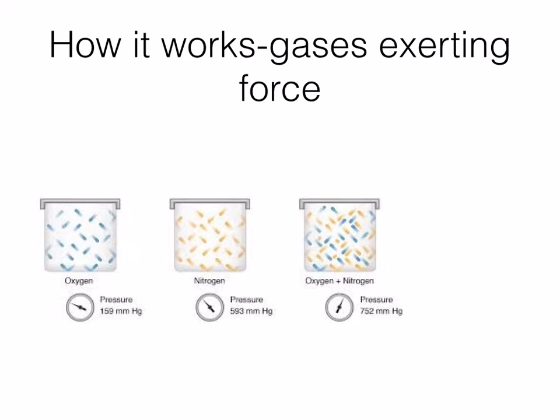And then you see a pressure gauge. A pressure gauge on each container shows the pressure exerted by the gas in that container. The pressure of the gas is measured in millimeters of mercury or kilopascals. For our purpose, we'll stick to millimeters of mercury.